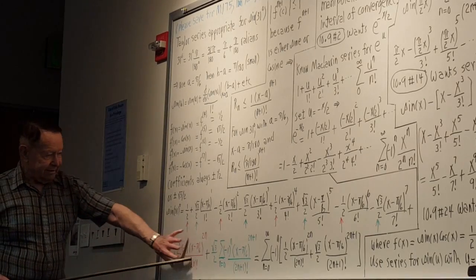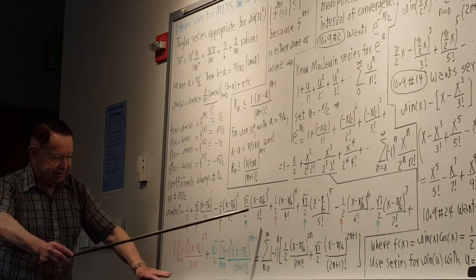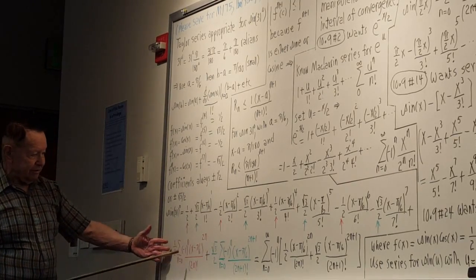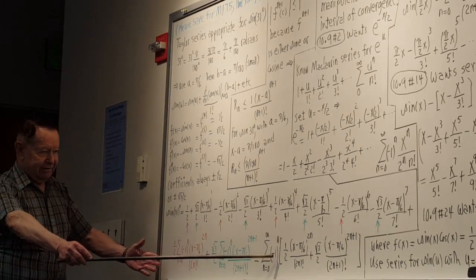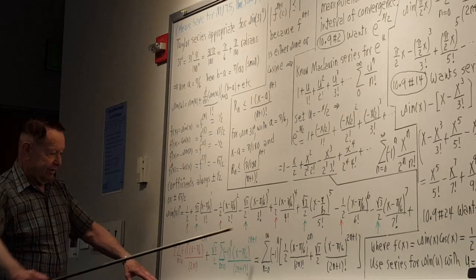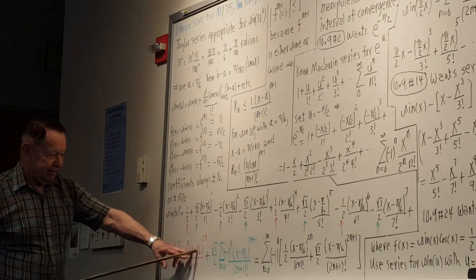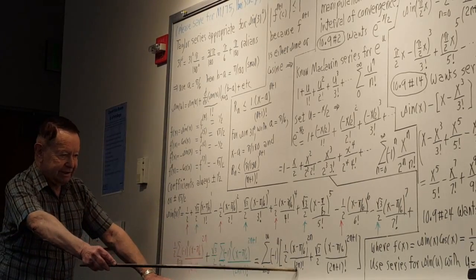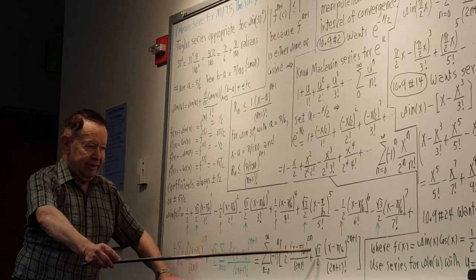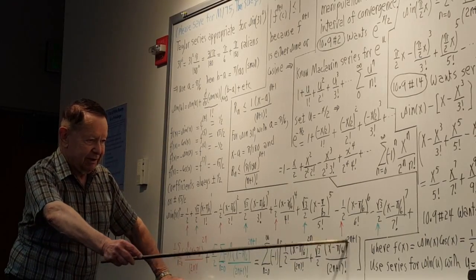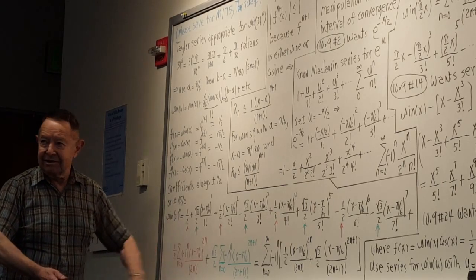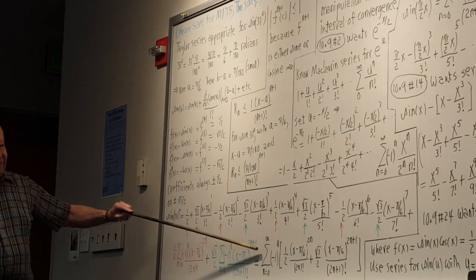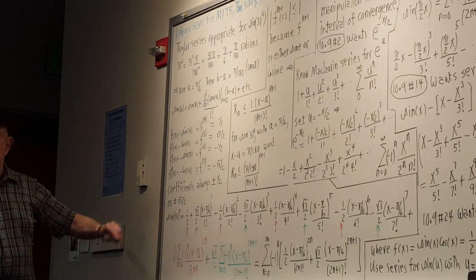So this gets the reds and that gets the greens, and if you want to combine that, you can have your sign alternator and then the half with the x minus pi over 6 part, and the root 3 over 2 with the x minus pi over 6 part. So you can finally write it as a single series with summation notation.